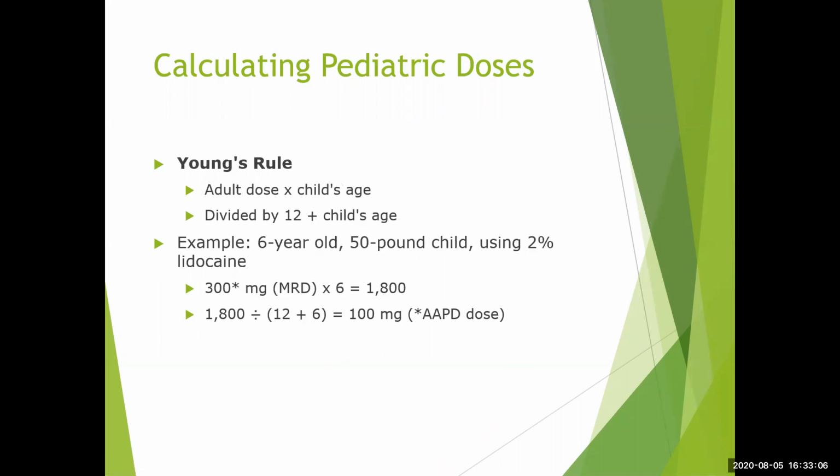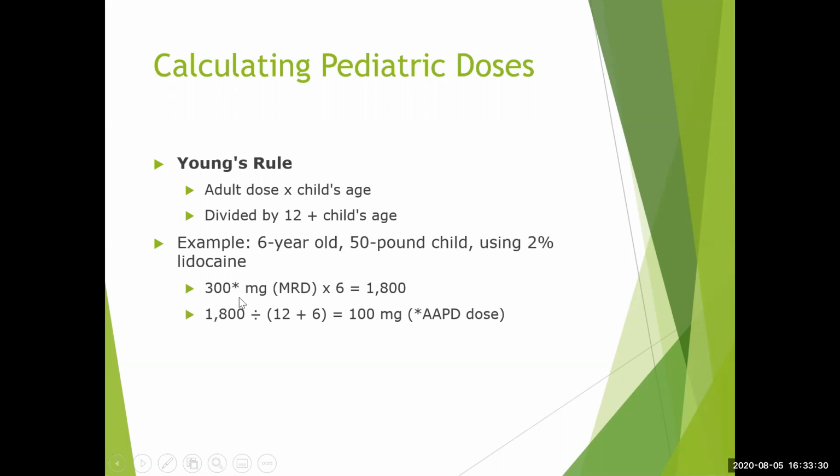And then there's something called Young's rule, which is just another way to calculate pediatric doses. With this, you take the adult dose and multiply it by the child's age, and you divide it by 12 plus the child's age. So the example here is a 6-year-old child that's 50 pounds and you're using 2% lidocaine.